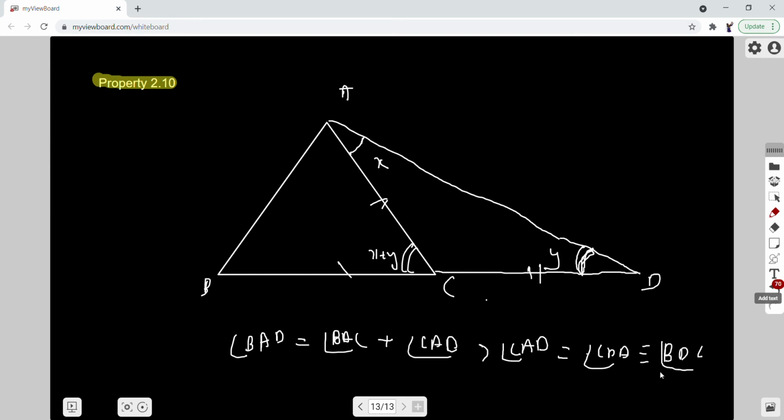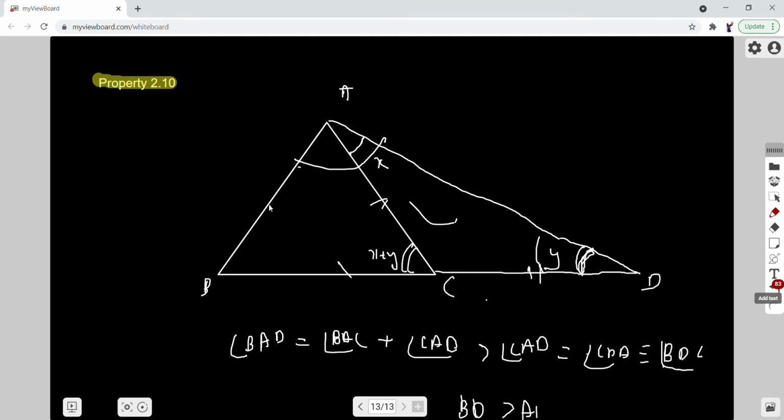So by property 2.8, we know that the greatest angle has the greatest side opposite to it. So we say that BD is greater than AB, because this angle is greater than this angle.